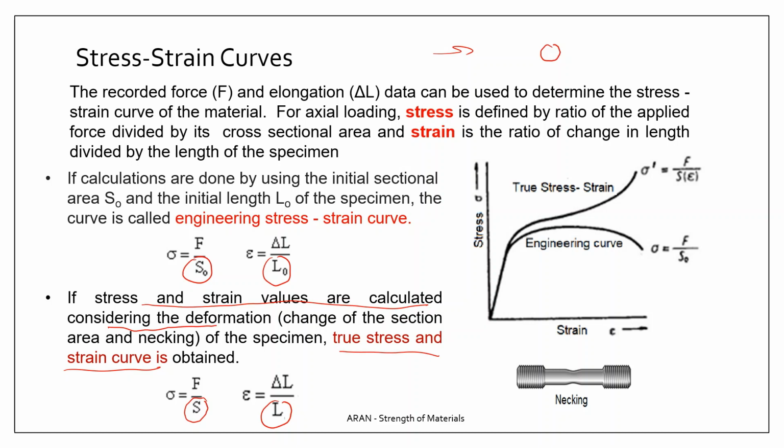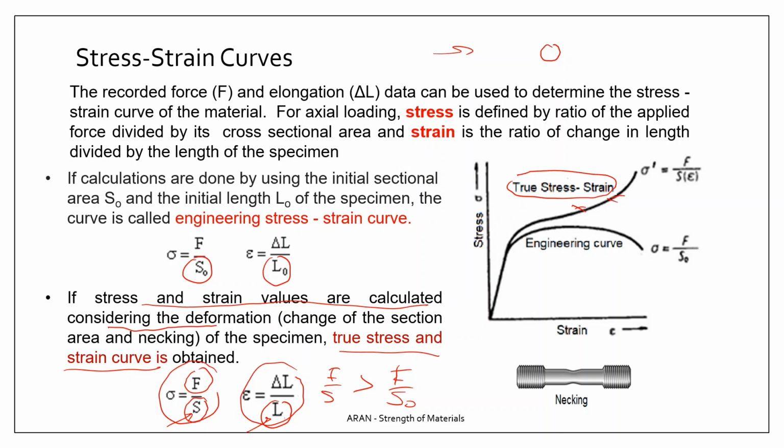Here we take again the force divided by the instantaneous section and by the instantaneous length. Then, as you can imagine, F over S is always higher than F over S0, and then the true stress-strain curve is above the engineering stress-strain curve.